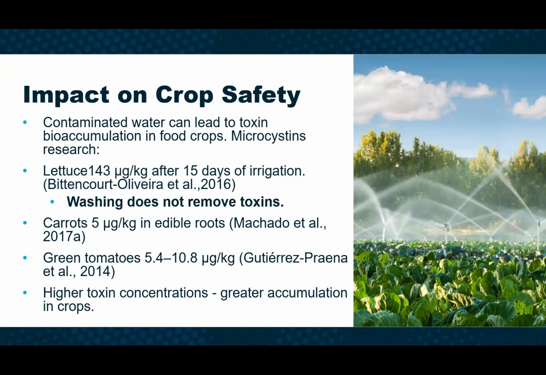And this is a small summary of that research and how much they bioaccumulate in the edible parts. That is the biggest finding: higher toxin concentration, greater accumulation. However, I will answer in the chat with some review papers that have a better summary of this research.